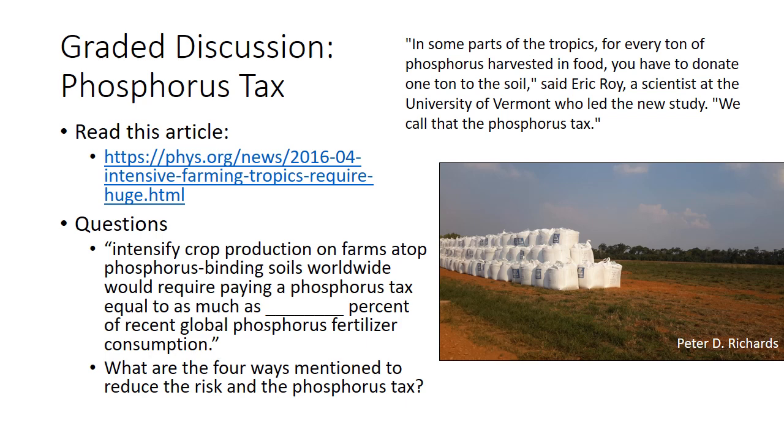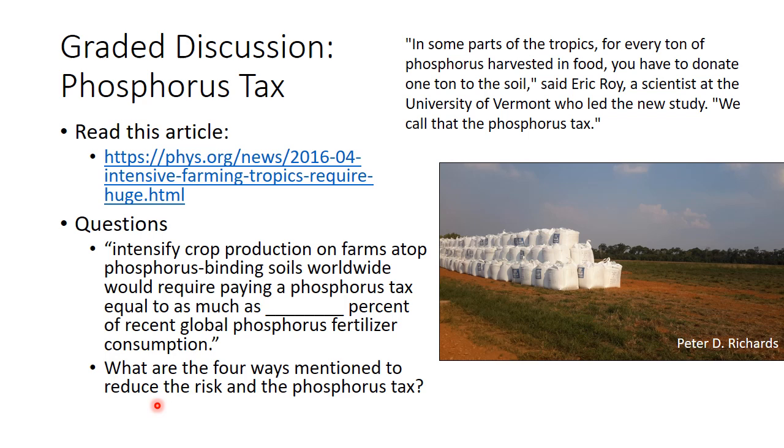And so what I want you to do is look up this number here. So the quote is, intensify crop production on farms atop phosphorus binding soils worldwide would require paying a phosphorus tax equal to as much as blank % of recent global phosphorus fertilizer consumption. So try to see if you can find that in the article.